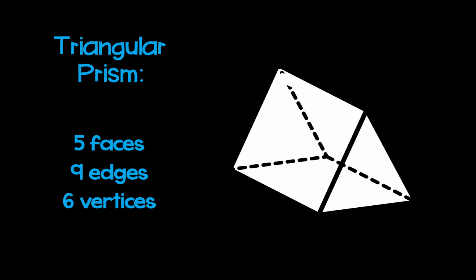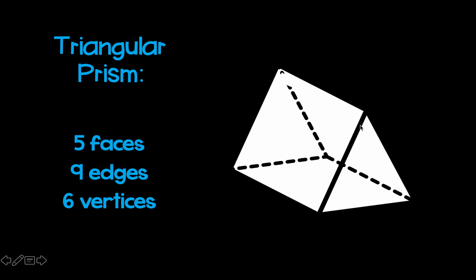This is a triangular prism. A triangular prism has 5 faces. Now, stick with me. Watch my mouse very closely. 1, 2, 3. This is on the other side back here. 3, 4, and then on the bottom, 5. There are 5 faces to a triangular prism. It has 9 edges.